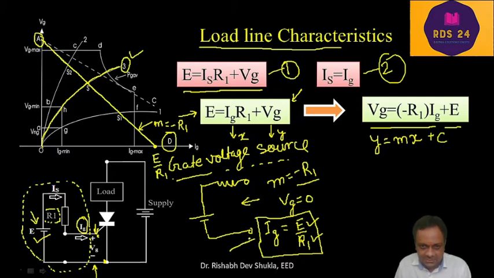This Ig is also known as the short circuit value, the short circuit current of this source.